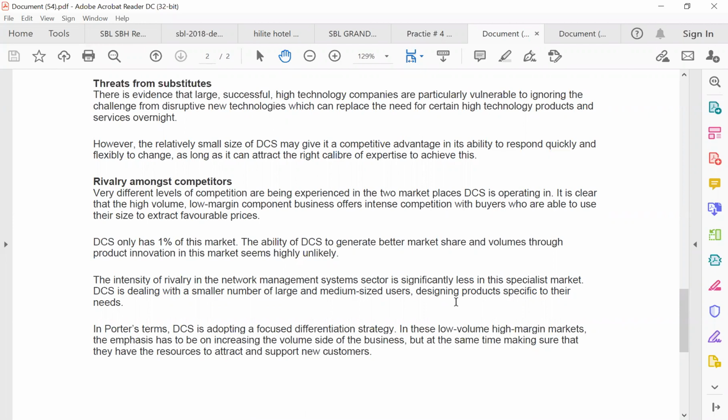Now, this is something very important, the differentiation strategy. In these low volume, high margin markets, the emphasis has to be on increasing the volume side of the business, but at the same time, making sure that they have the resources to attract and support the new customers.